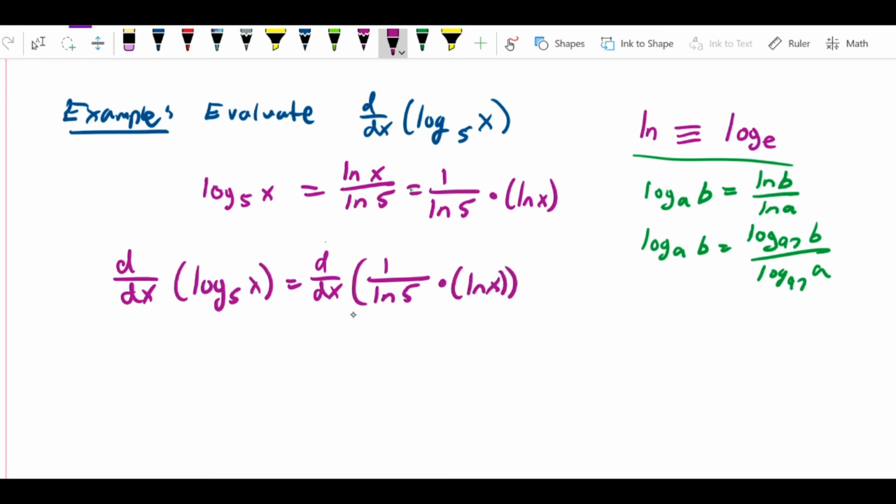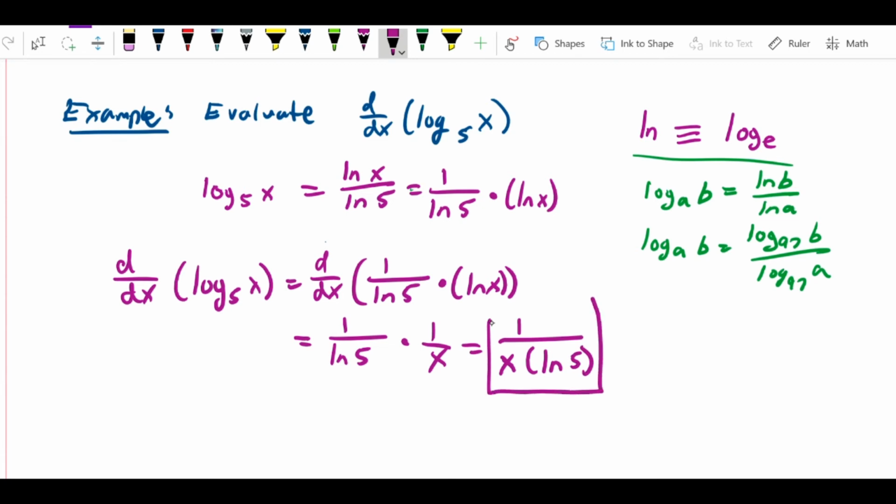And we know that when we have the derivative of a constant times another function, we just take that constant and multiply it by the derivative of the function. So that's going to be 1 over ln 5 times 1 over x, that's the derivative of ln x, and usually we write this in the form 1 over x ln 5.